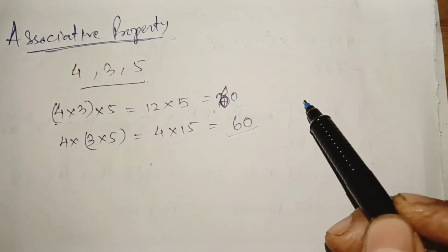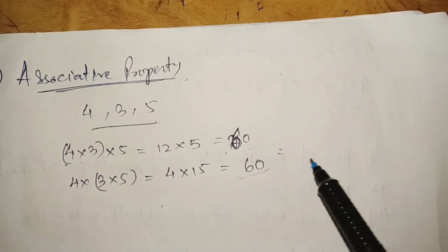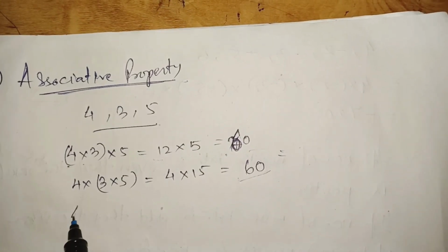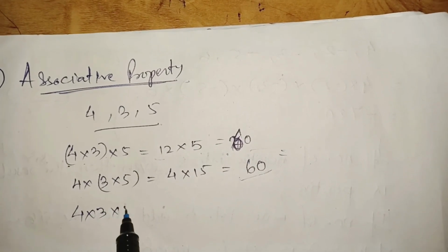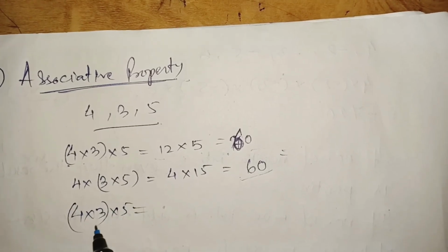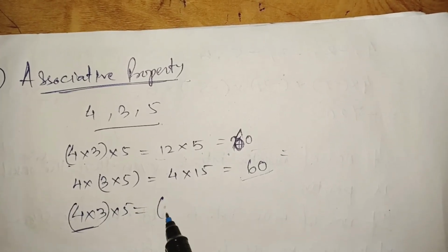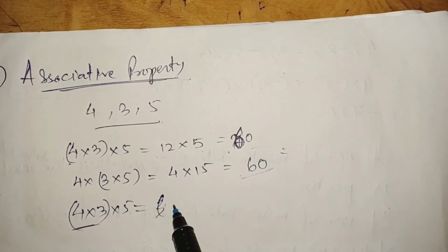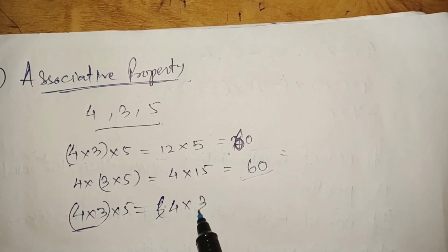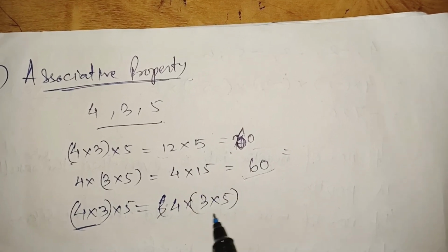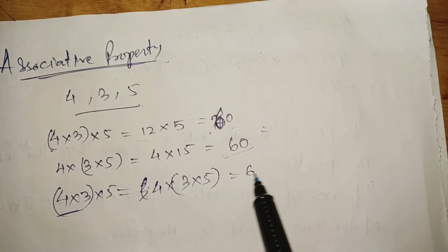So what we find from this is that 4 into 3 into 5, where the first two numbers are grouped together, is equal to 4 into 3 into 5 where 3 and 5 are grouped together, which equals 60.